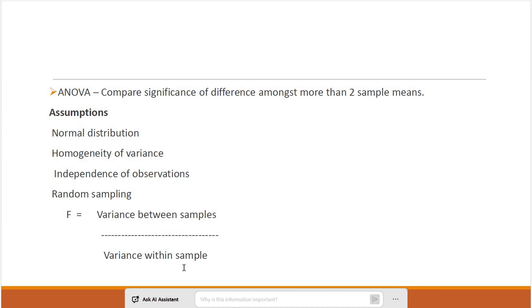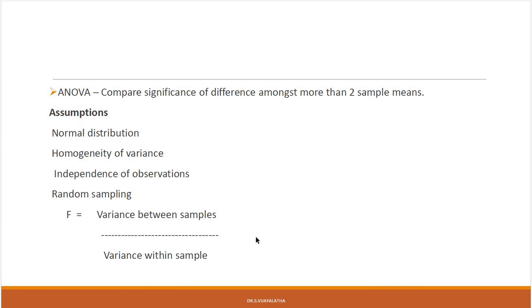variance within sample. We have already seen that whenever we use a software package to do the calculations for any type of test, we will directly get the p-value, and whenever p-value is less than 0.05, it indicates statistical significance.